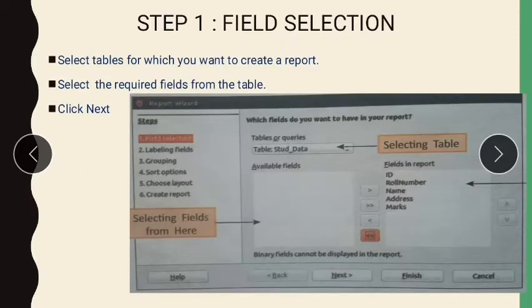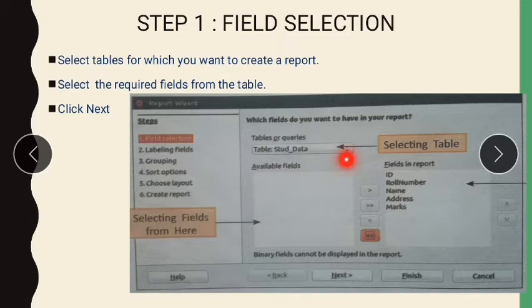So this is the first step, field selection. In this you can select the tables for which you want to create a report. By clicking on this arrow, the available tables will be listed. Click on it and select the required table.